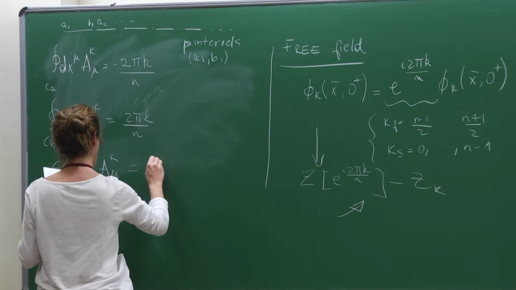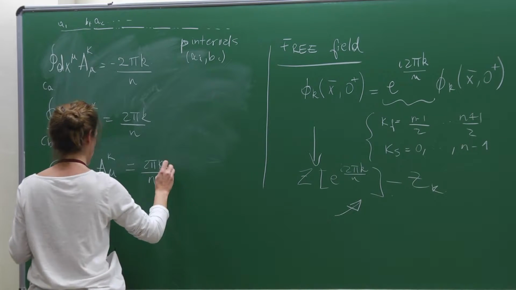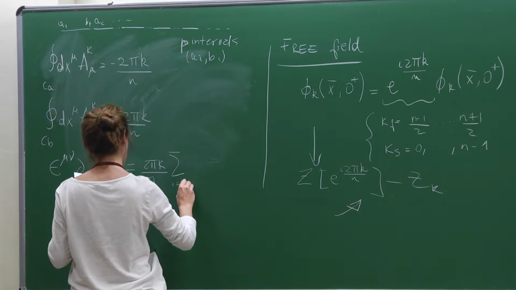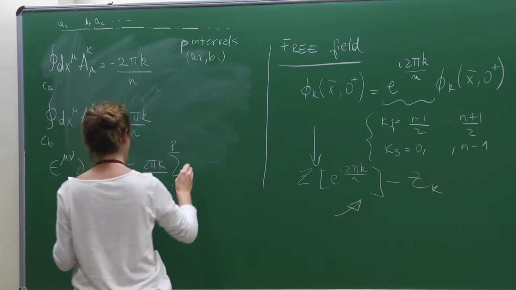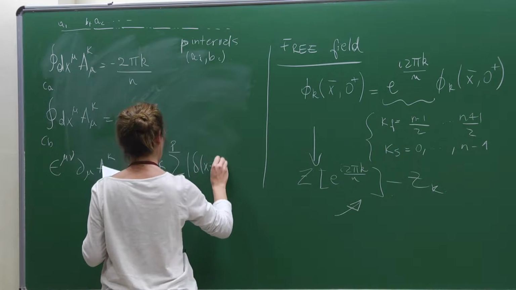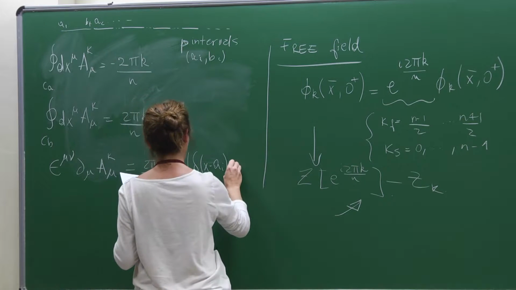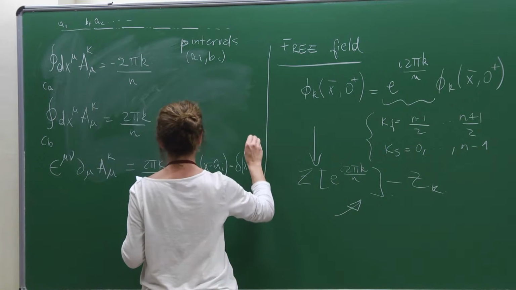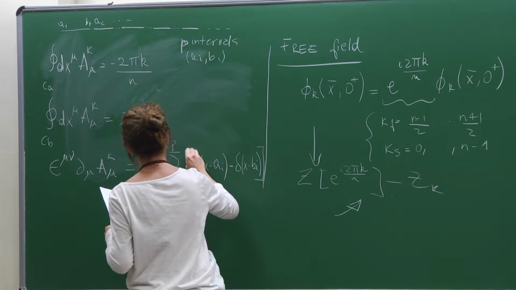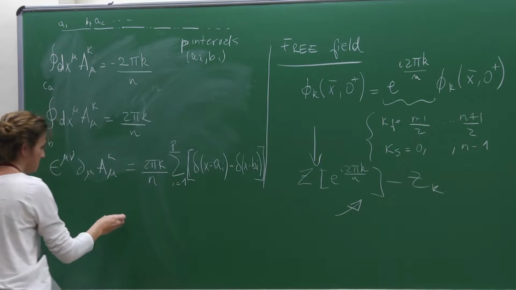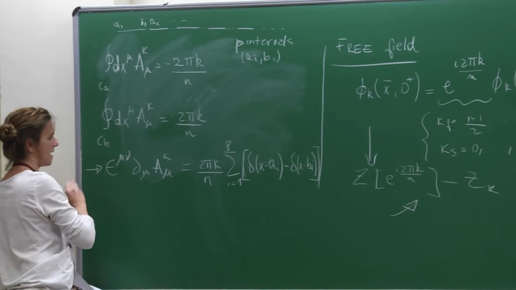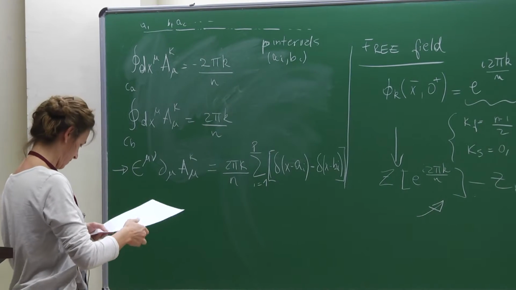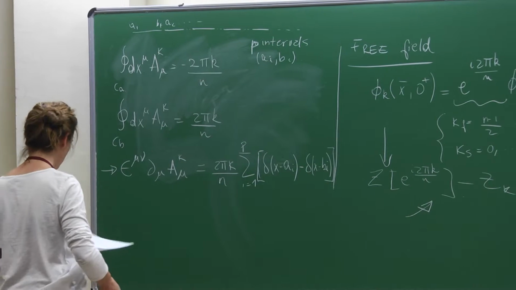This is 2 pi over N. Then you have to sum over the intervals, and you have, so only in the boundary, okay? So with this, this is the idea, this is the kind of gauge field we are introducing.